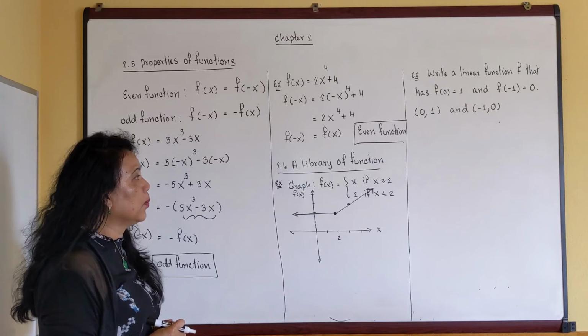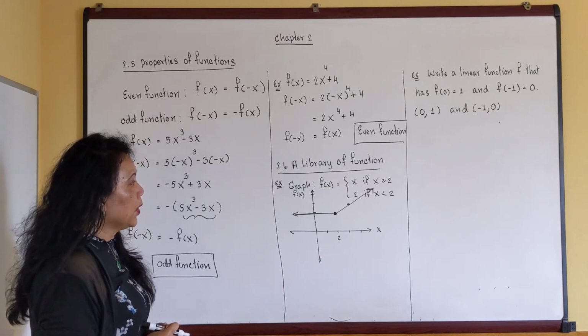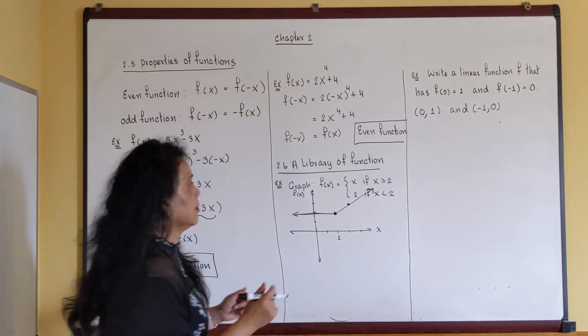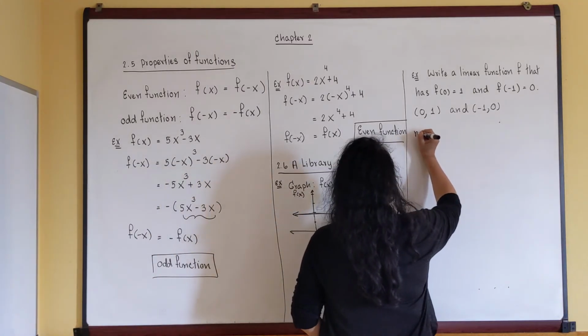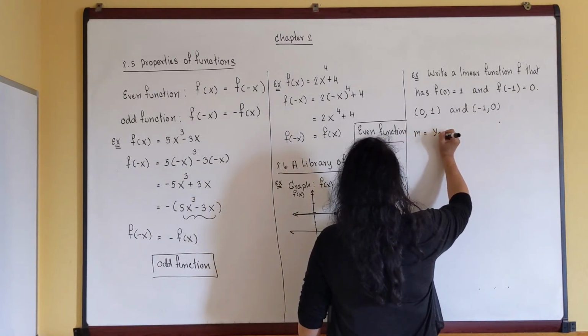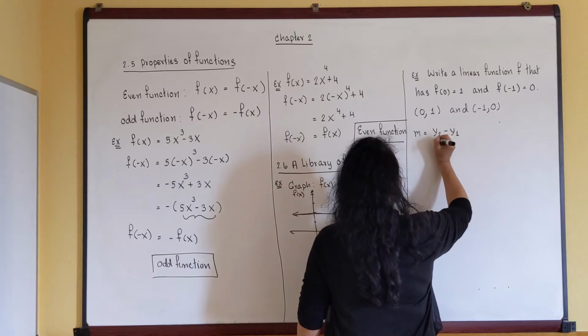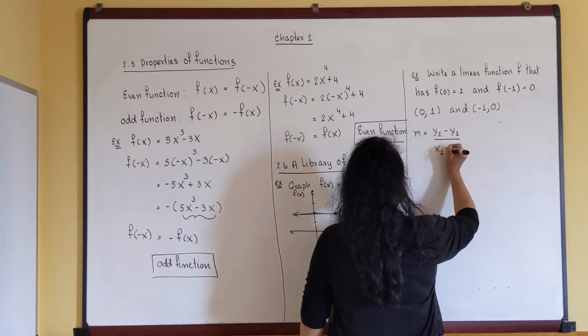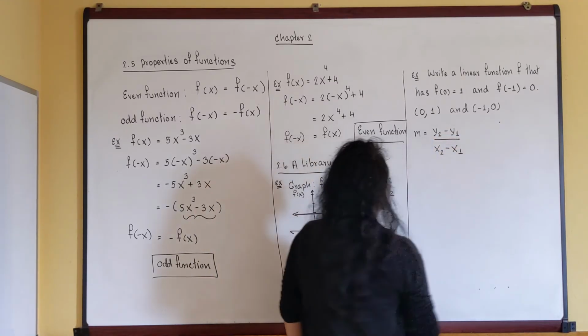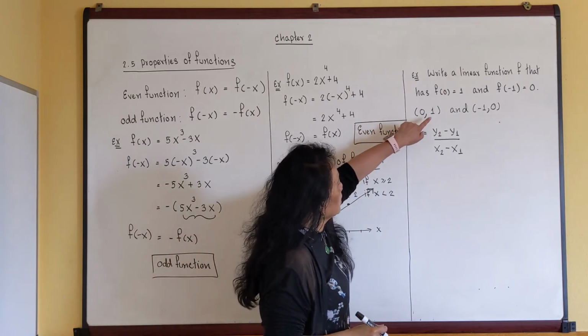You can use slope-intercept or point-slope form. Either way, you need to find the slope. Slope is y2 minus y1 over x2 minus x1. Let's call this y2.